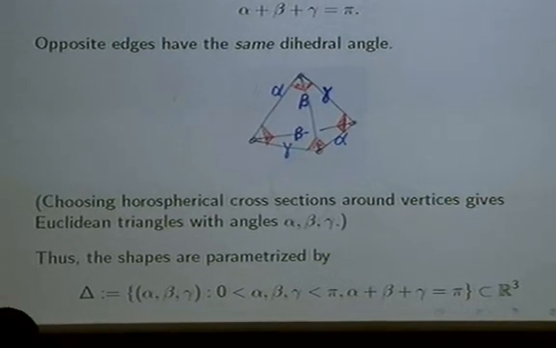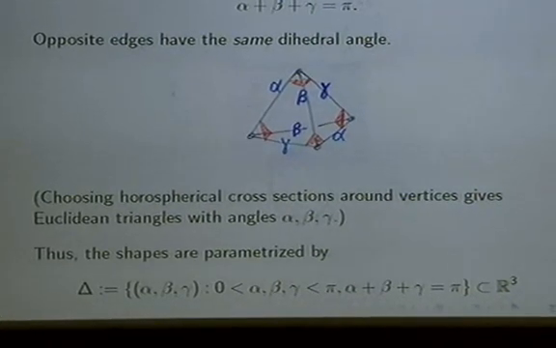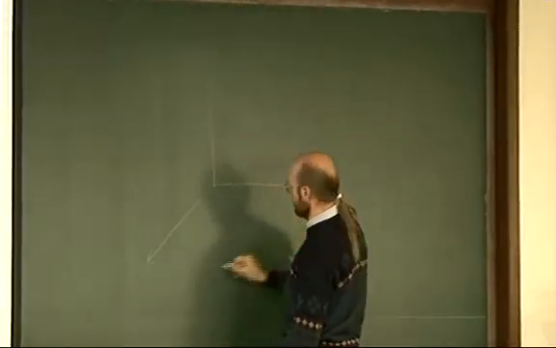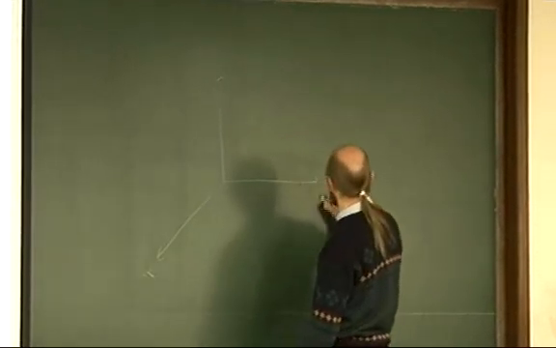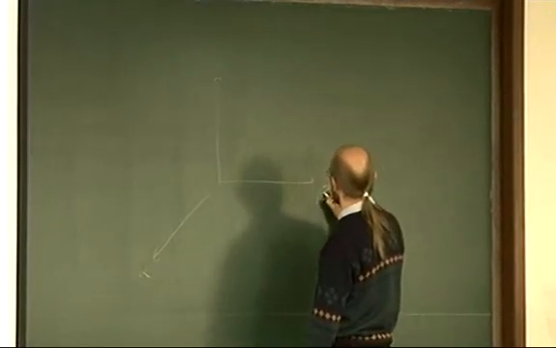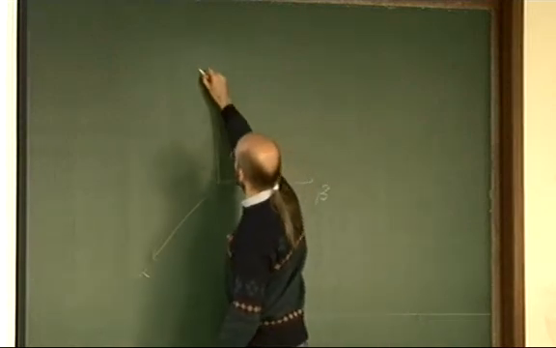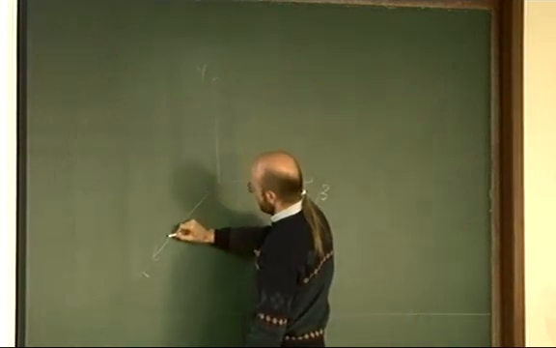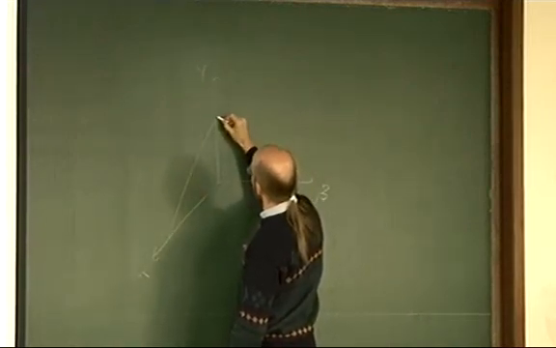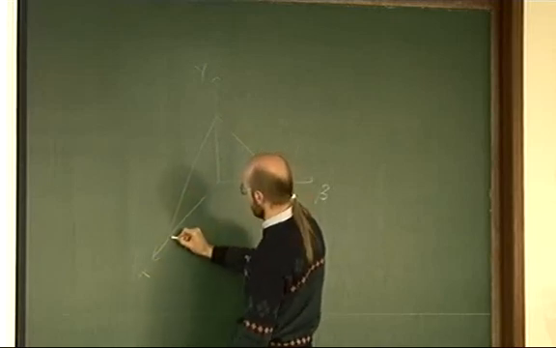So if you think about this space of angles alpha, beta, and gamma, this is going to give us some kind of a triangle. So it's an open triangle like this.